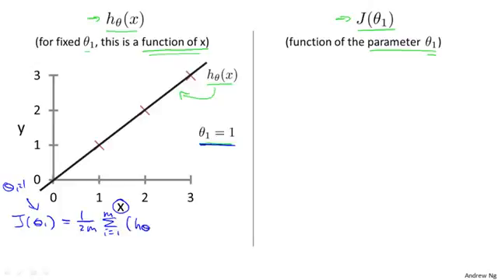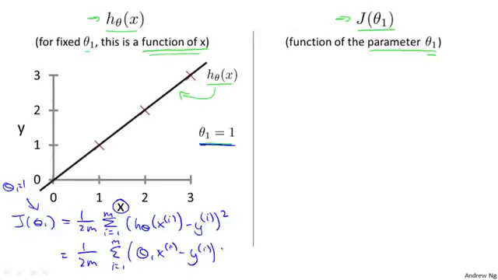Sum over my training set of this usual squared error term, and this is therefore equal to the sum of theta 1 times x i minus y i, squared. And if you simplify, this turns out to be 0 squared plus 0 squared plus 0 squared, which is of course just equal to 0.